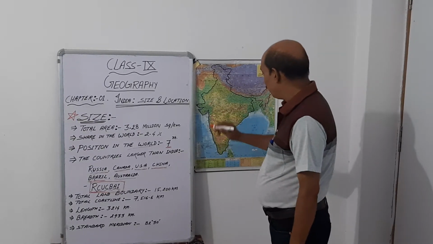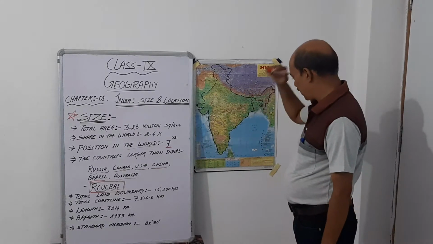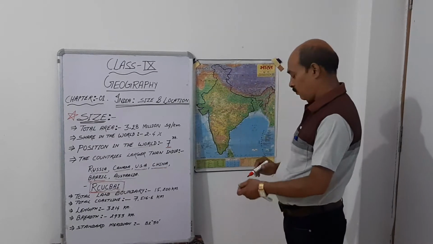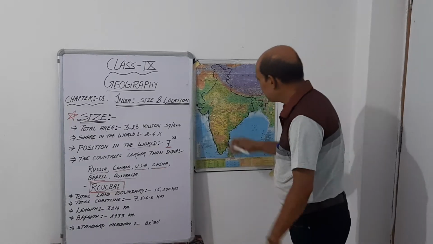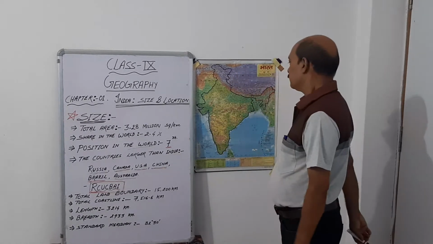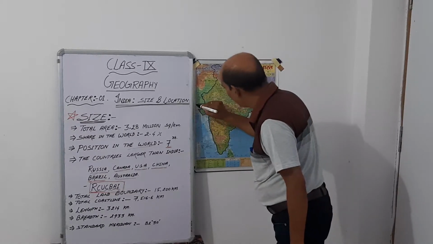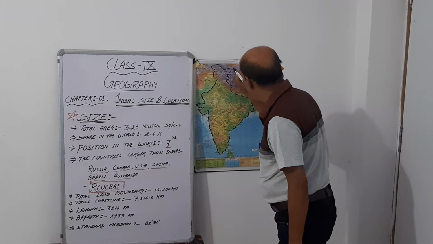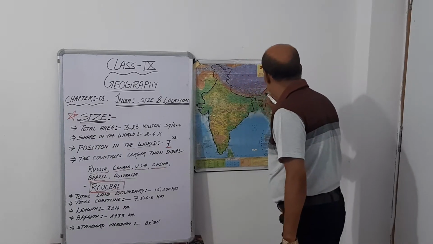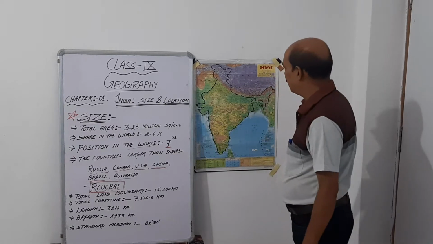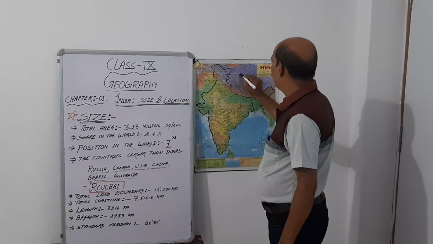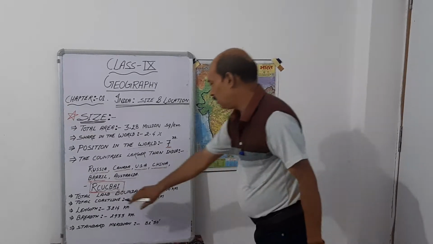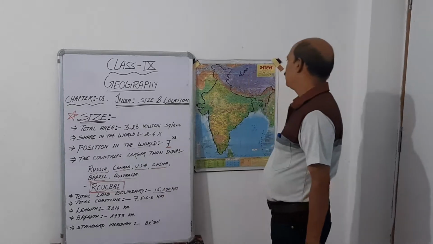When we watch the map of India, we find there are 2 types of boundary in our country: first, the land boundary, and second, the coastline. The land boundary lies on the northern side, where the country is surrounded by land, and its total length is 15,200 kilometers.